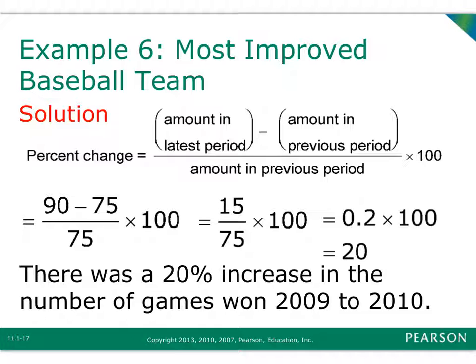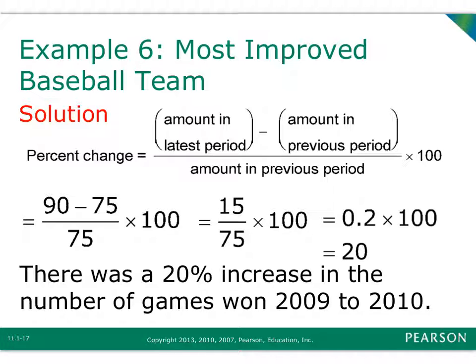So our solution is the following. We're going to use the percent change formula: the amount in the latest period minus the amount in the previous period, divided by the amount in the previous period, times 100. In this case, the amount in the latest period, 2010, was 90 games. We subtract 75 games in 2009 and we divide it by 75, and then we multiply it by 100.